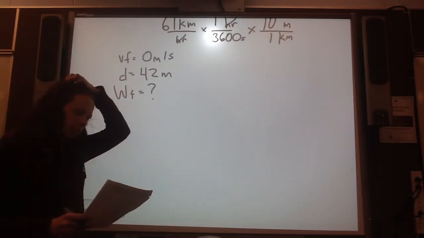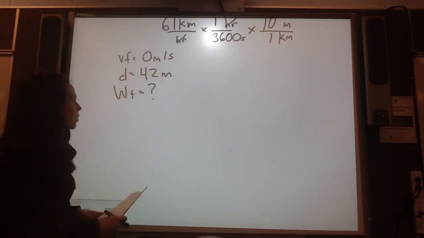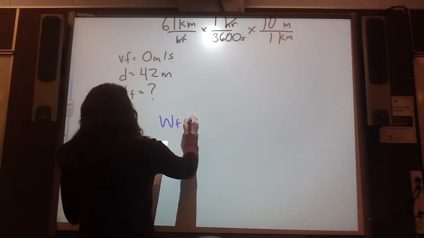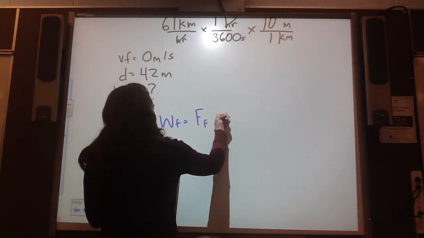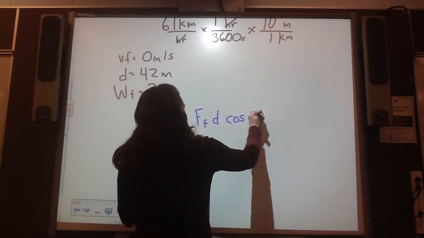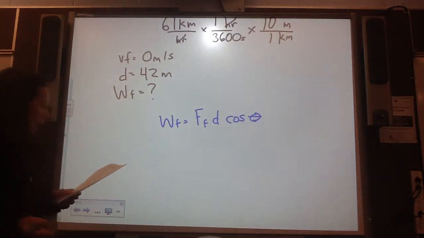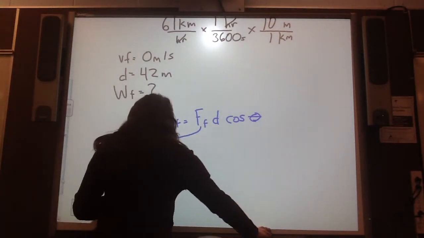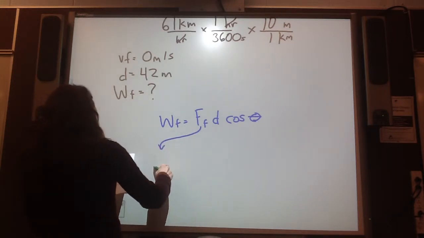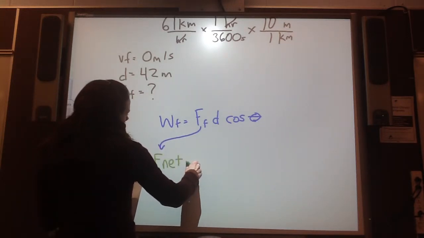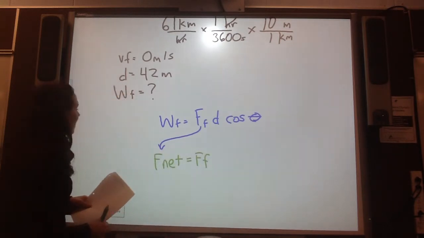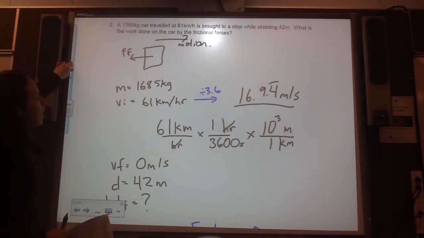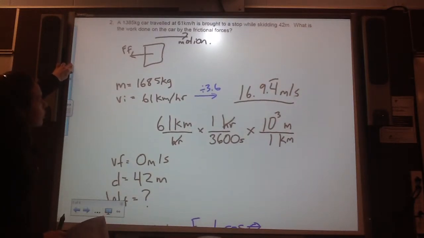So let's make a road map of how we're going to approach this question. To find Wf, the formula is Ff times d times cos theta. Well, I wasn't told Ff, so I need to find Ff first. I can say Fnet is equal to Ff because there's no applied force in this question. The car is skidding to a stop, so it's just the force of friction.